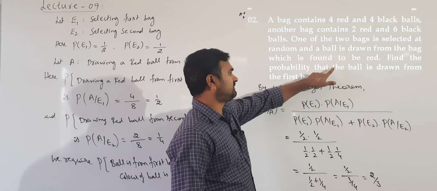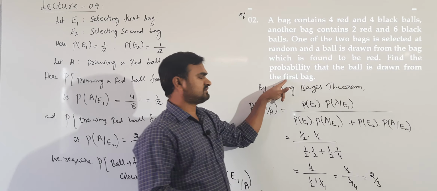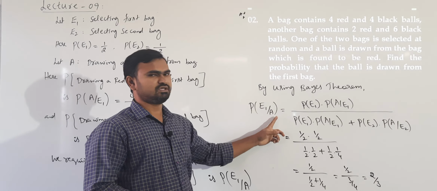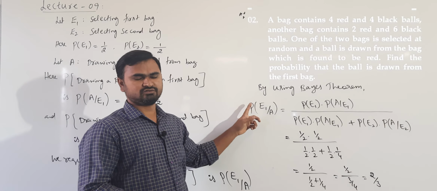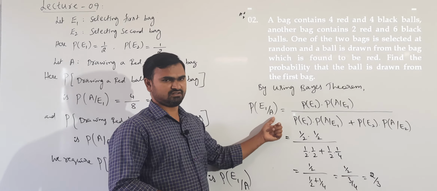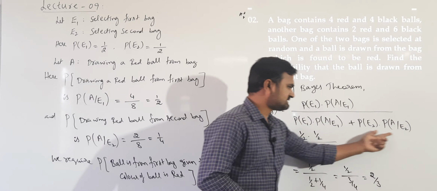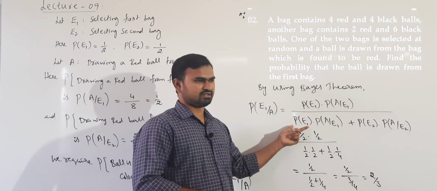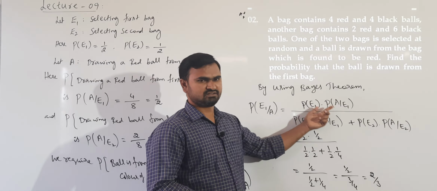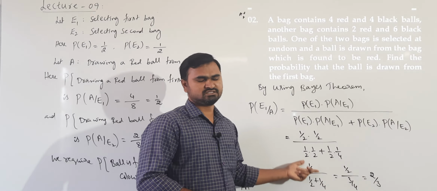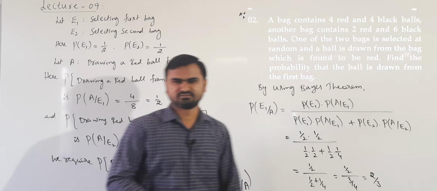If the question is to find the probability that the ball drawn is from the second bag, what we are interested in is P of E2 given A. How can I write it? Again the denominator is the same, the total probability. Now we are interested in getting it from the second bag. So instead of writing this first case, we have to write this second case in the numerator. Okay. So this is how we apply the Bayes theorem, right?